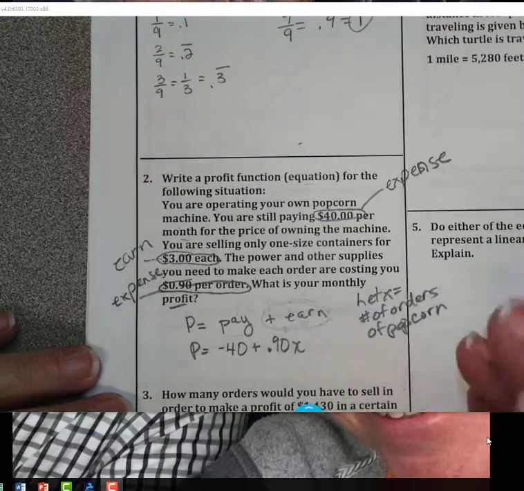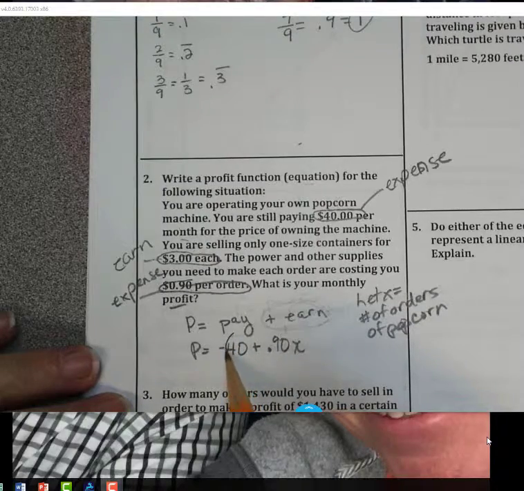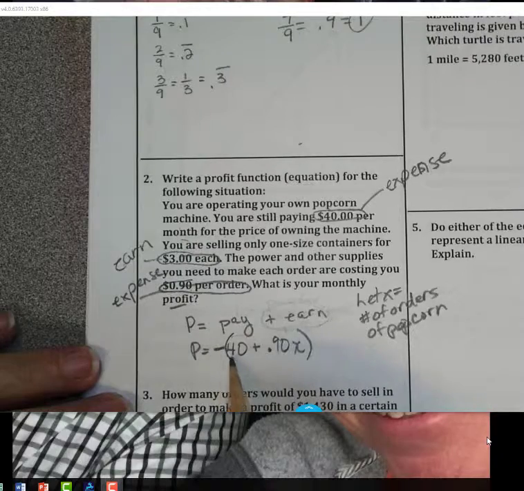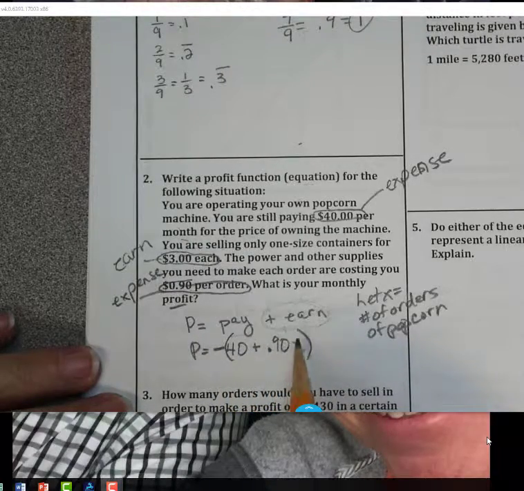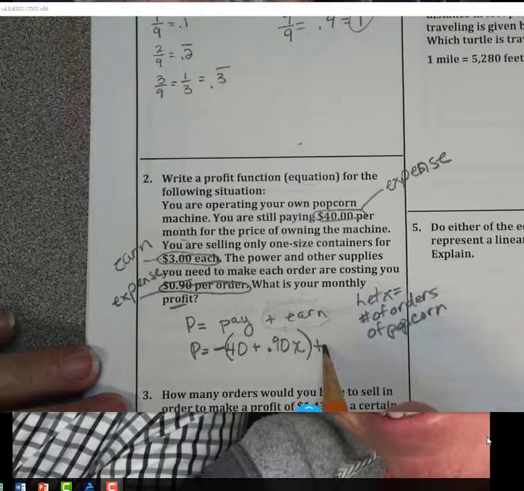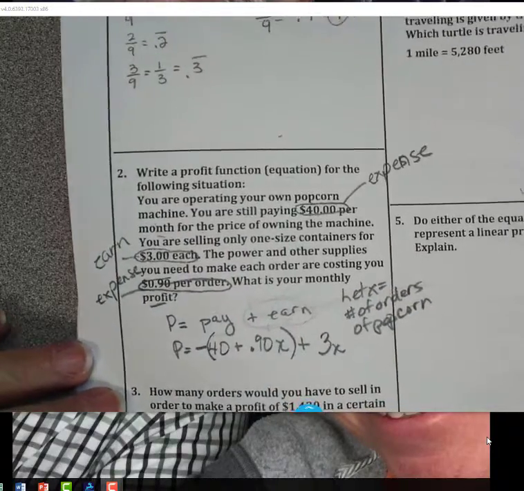And then this also is something that has to be paid. So if I put parentheses around these two, I would be subtracting, having a negative 40 and a negative 90 cents for every order of popcorn. And then what I'm going to earn is $3 for every order. And there's an equation for that.